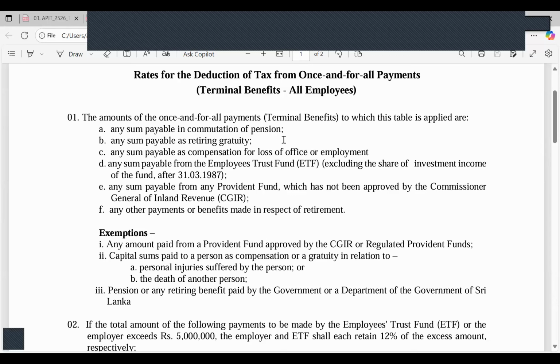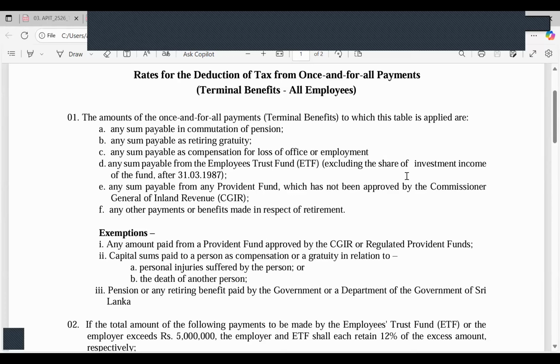Any sum payable as retiring gratuity. Any sum payable as compensation for loss of office or employment. Any sum payable from the employees trust fund, excluding the share of investment income.